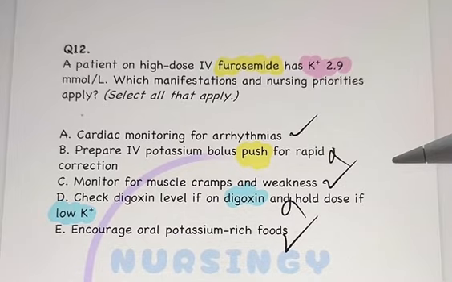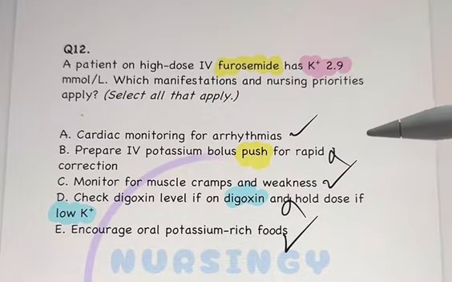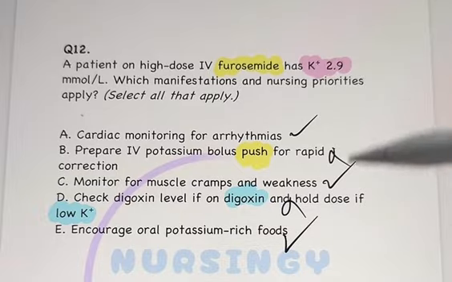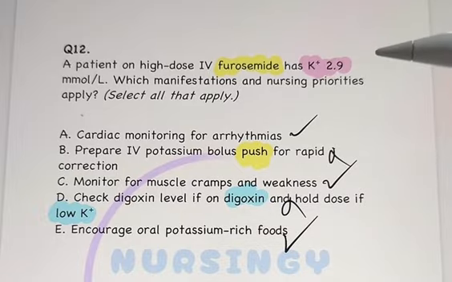So if there is too much potassium, that will bind to the sodium potassium pump, and then digoxin will bind less. But if there is hypokalemia, there is not too much potassium available to bind to that pump, so there are higher chances of digoxin to bind to that pump. That's why it will cause an increase in drug toxicity.